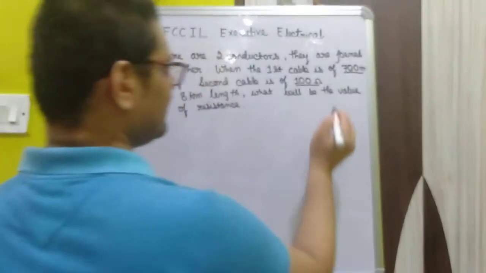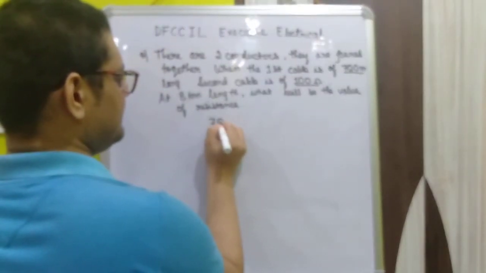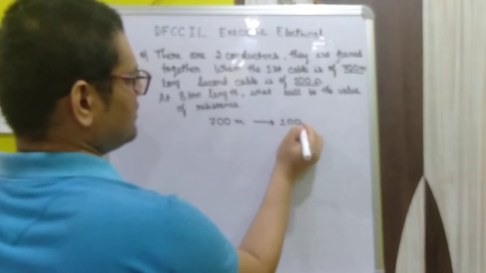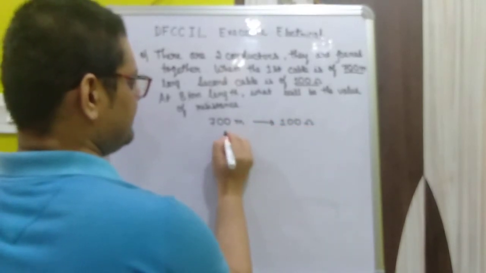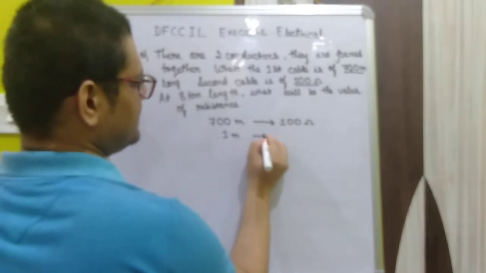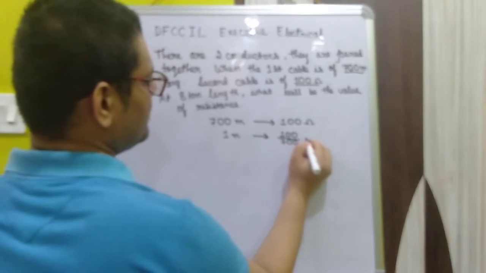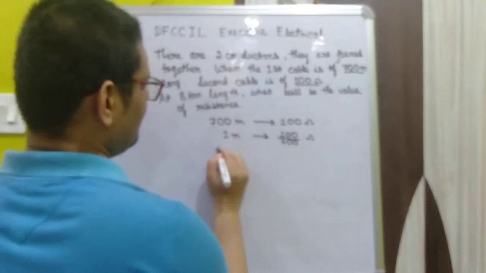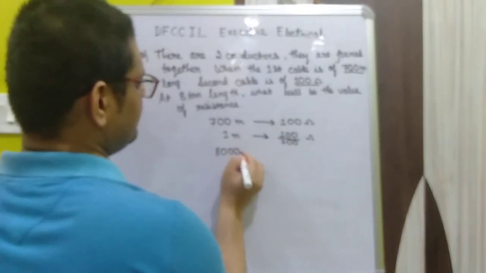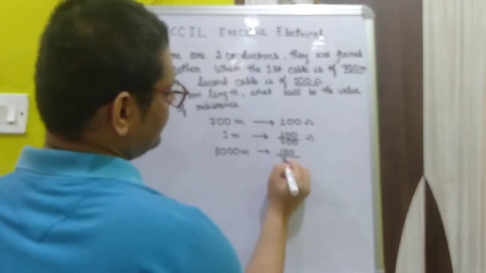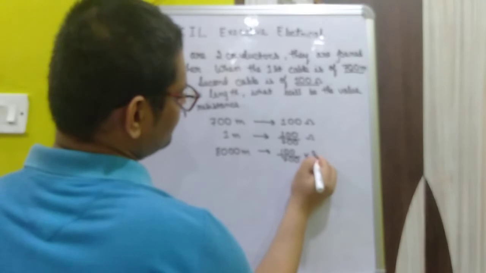So we just calculate: at 700 meter resistance is 100 ohm. We just take it as an aptitude type numerical. For 1 meter it will be 100 divided by 700 ohm. So at 8 kilometer, or we can write 8000 meter, it will be 100 divided by 700 into 8000.